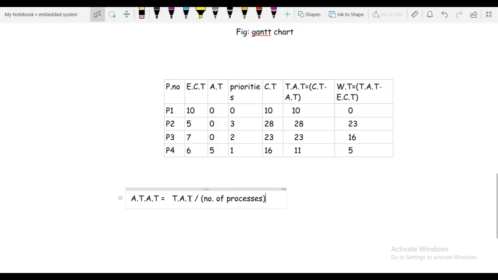That is equal to 10 plus 28 plus 23 plus 11 by 4.